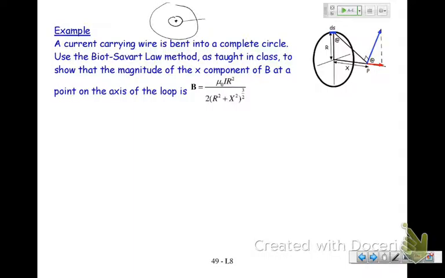If I take a point of interest there, my magnetic field is like that. So there's my little B caused by this piece of wire at that height. This is my little piece of wire, ds, looking from the side. And here's my axis, and here's my point of interest.